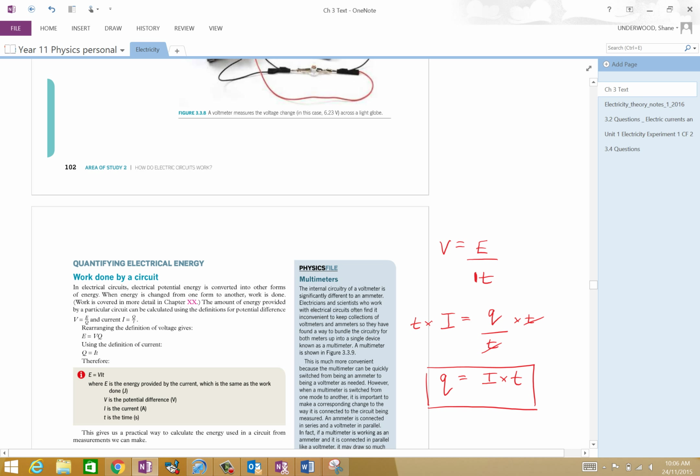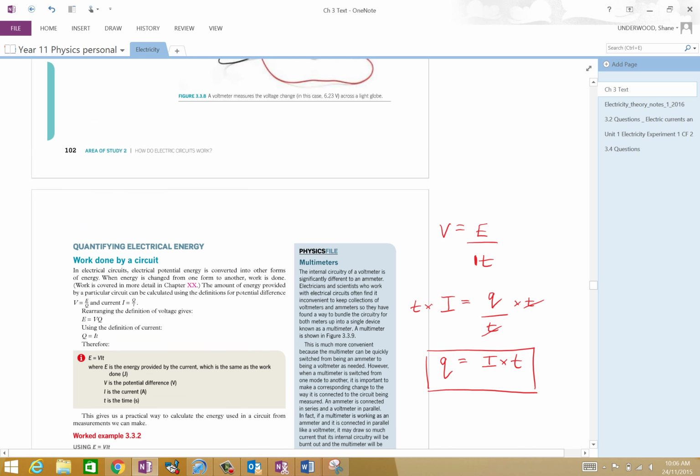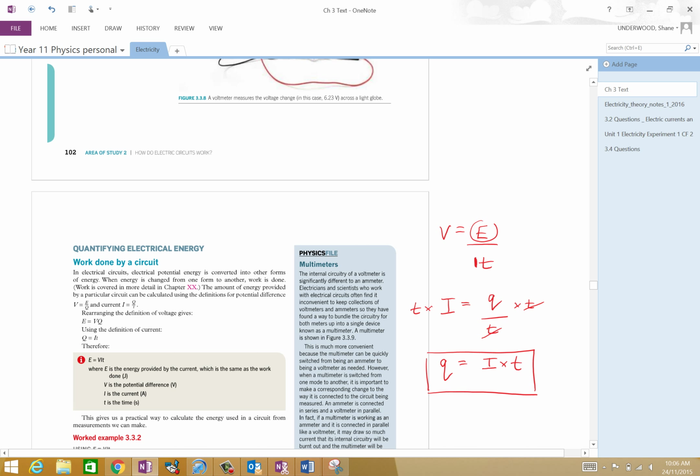And then obviously, I want energy by itself. We can say that energy is equal to V times I times t. And energy is provided by the current. We relate energy to work being done.